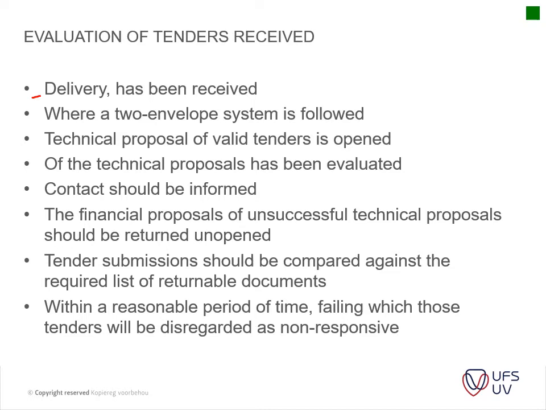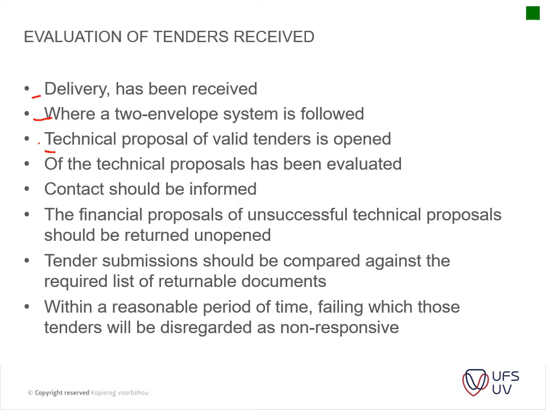Where a two envelope system is followed, you usually use two envelopes, and I see the indent isn't very nice here, but this is actually underneath this, so I'll just correct it now when I go back to the slide. So you've got your technical proposal of valid tenders opened.